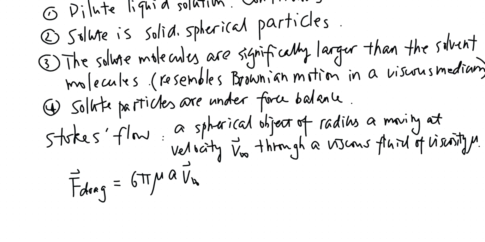So this v is a vector. That's why the viscous drag is also a vector.